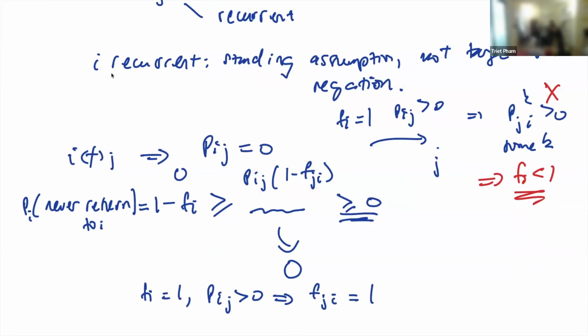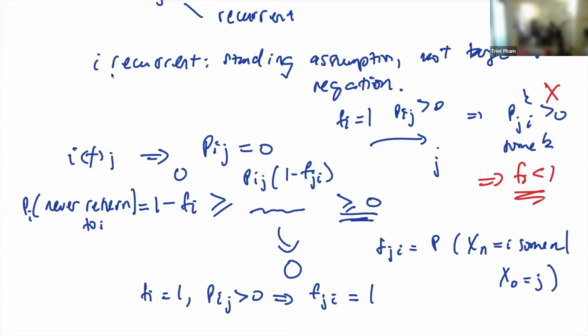But Fji, let's write out Fji, is the probability, starting at J, that you are at I for some n, given that you start at J. So if you will be at I starting at J for some n, what does that mean?